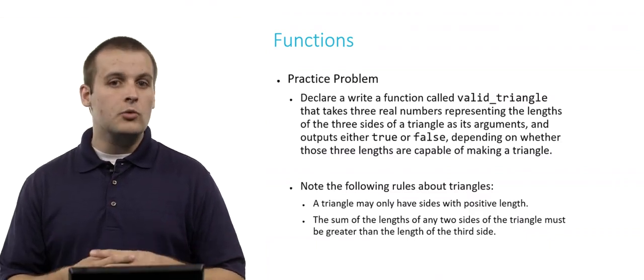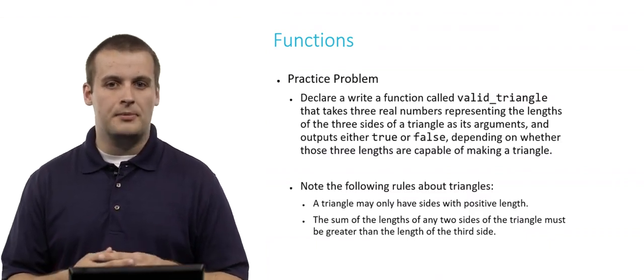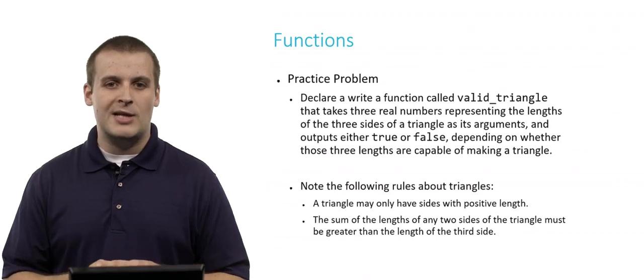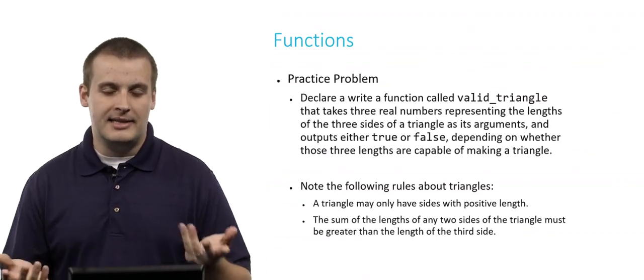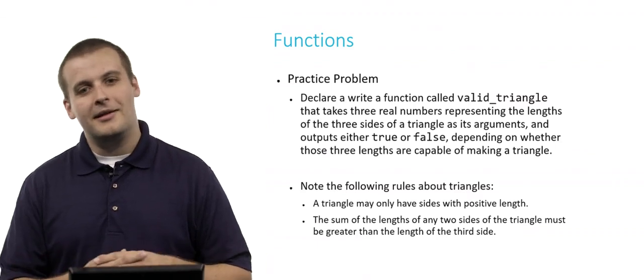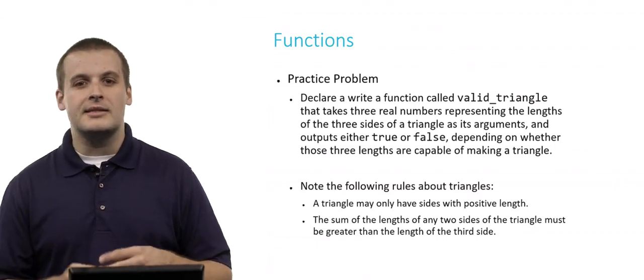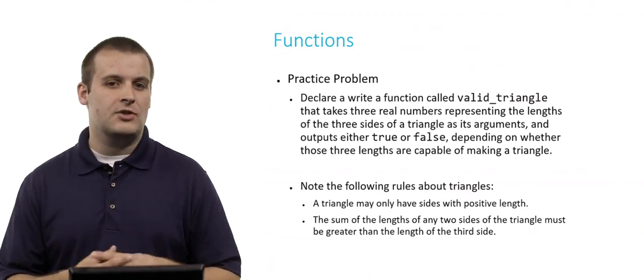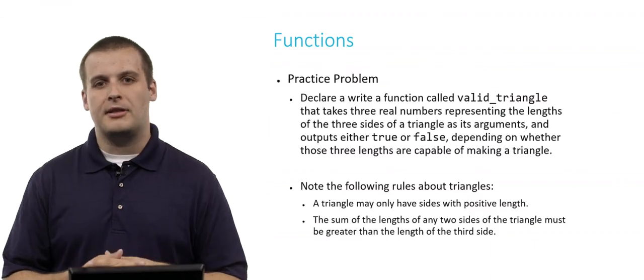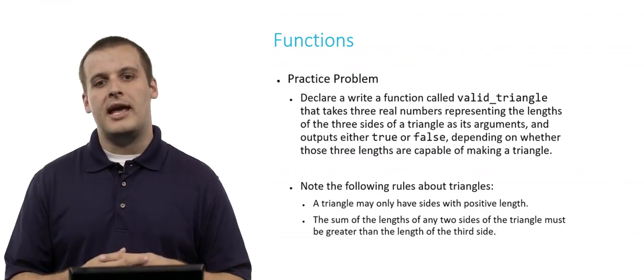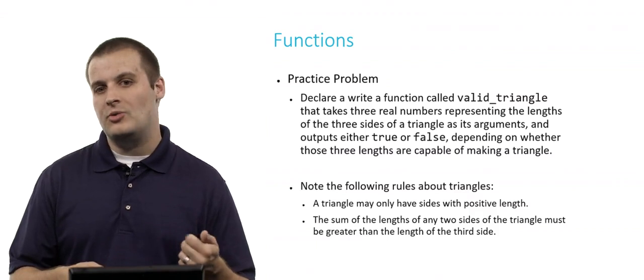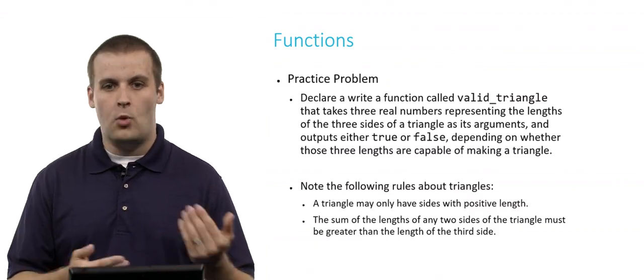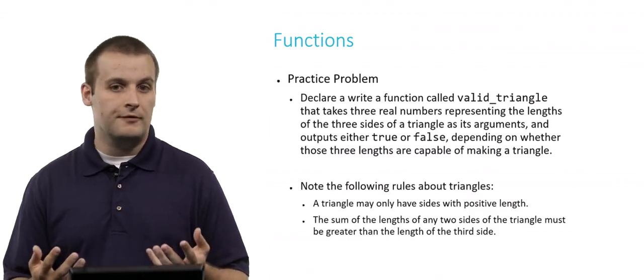Well, there are a couple of rules regarding triangles that are actually useful to know. A triangle can only have sides with positive length. That makes sense. You're probably saying, duh. The other thing to note, though, is that the sum of the lengths of any two sides of the triangle has to be greater than the length of the third side. That's actually true. You can't have a triangle of sides 1, 2, and 4, for example, because 1 plus 2 is not greater than 4.